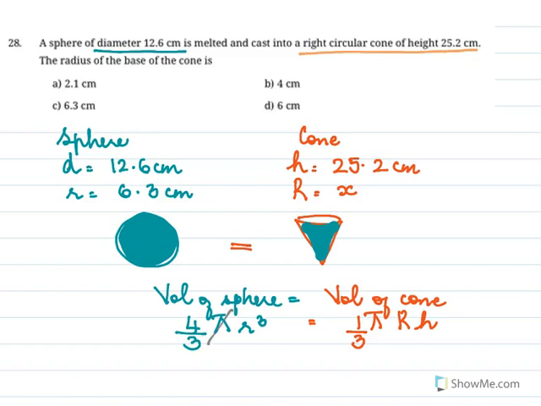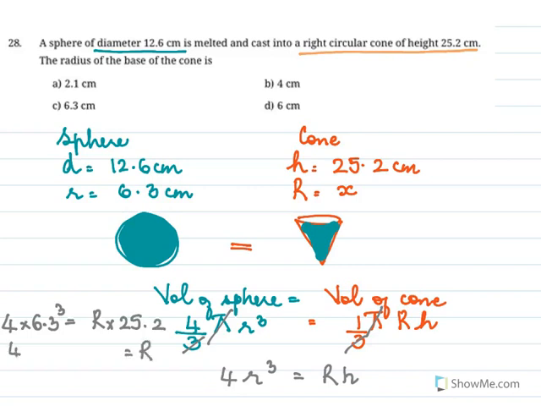We'll cancel the pi and pi on both the sides, the 3 and 3 on both the sides. So you get 4 r cube equal to R square H. Now when we substitute, 4 r cube is 4 into 6.3 cube equal to R square H. The R we do not know, the H is 25.2.